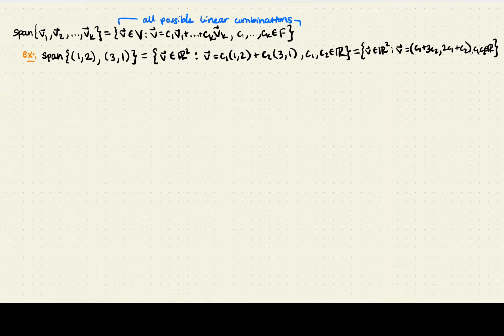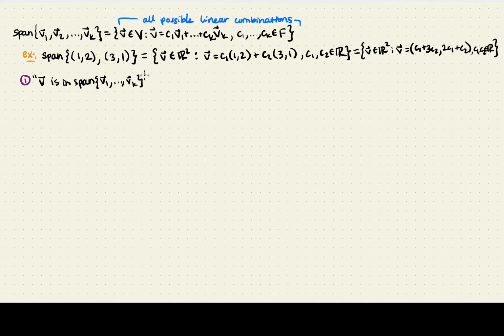Okay. I want to talk a little bit about some of the phrases you'll hear or read in the textbook and what those phrases mean. The first phrase is when you hear that V, a vector, is in the span of a set of vectors V1 through Vk.